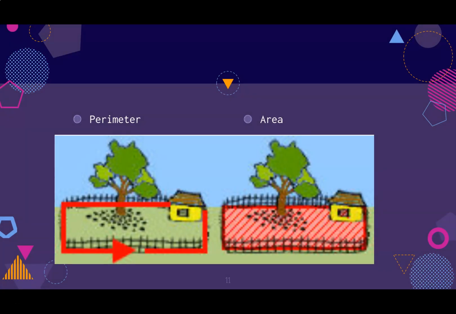So if you considered someone's yard, the perimeter would be the fence around the yard, so the distance of fence you may need to enclose that yard, whereas the area would be the grass that you need to cover the surface of that yard. Today, we are focusing on area.